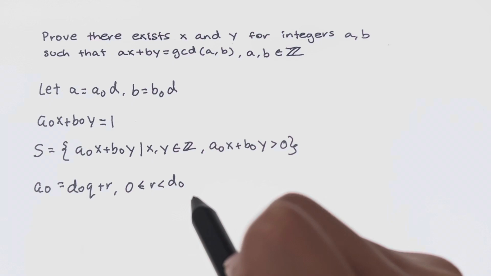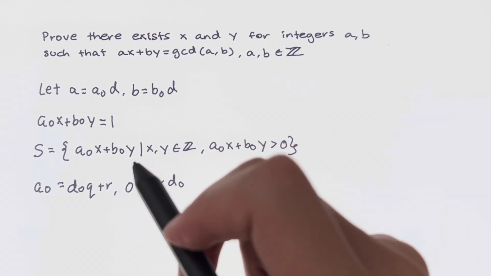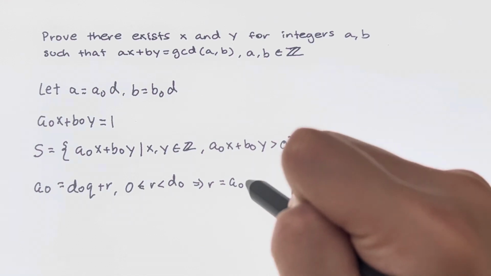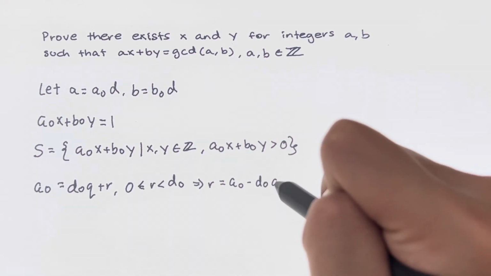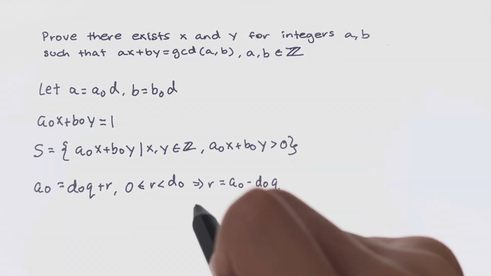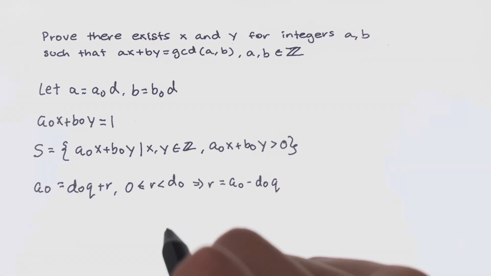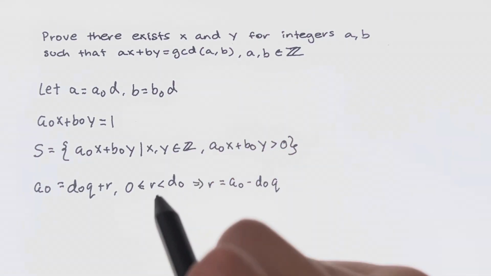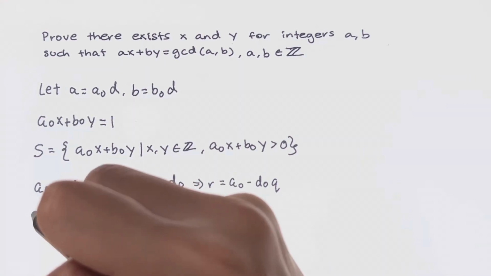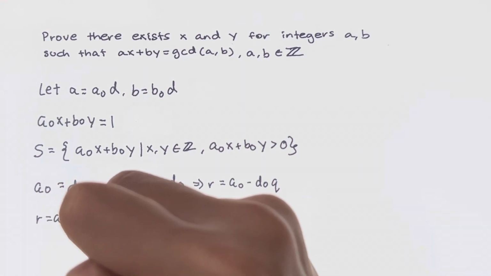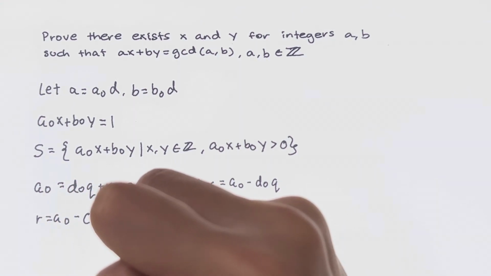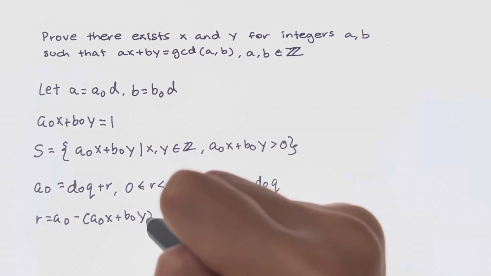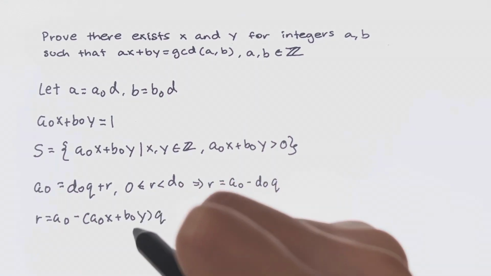Solving for r, we have r equals a0 minus d0 times q. Substituting a0x plus b0y equal to d0 will yield that r equals a0 minus (a0x plus b0y) times q.